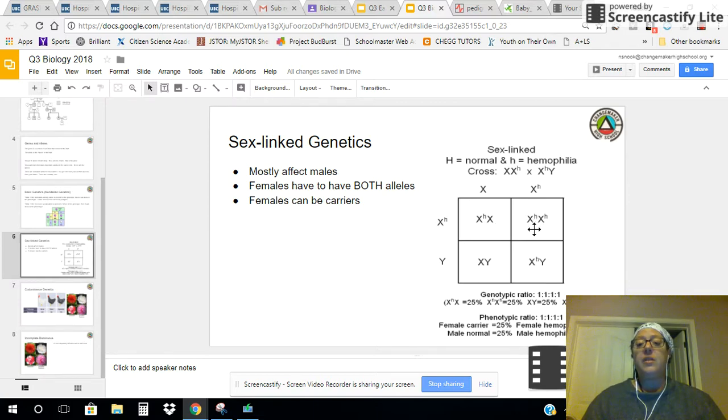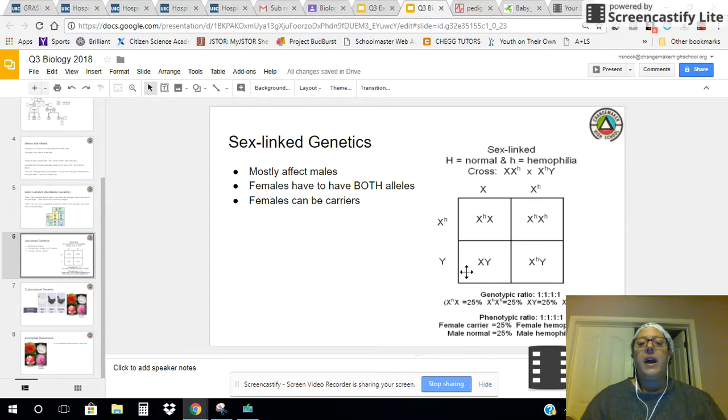In the second cross over here, which is an affected male and a carrier X on the female, that female is affected. Both of her X's have the trait, which means she will have the disease.